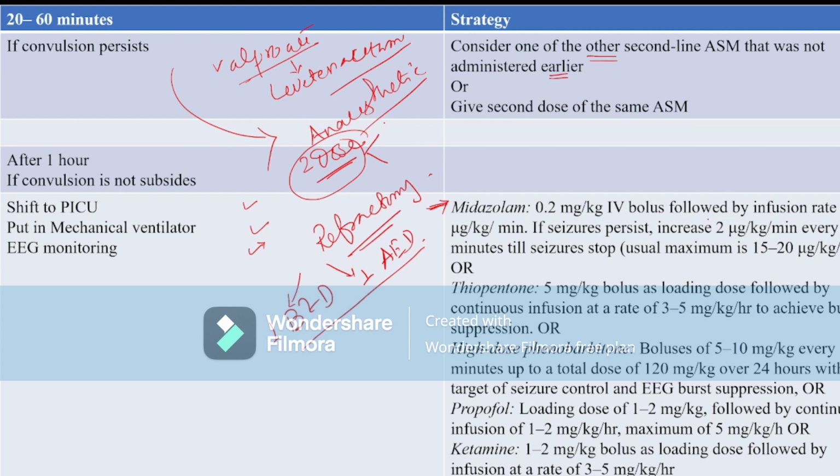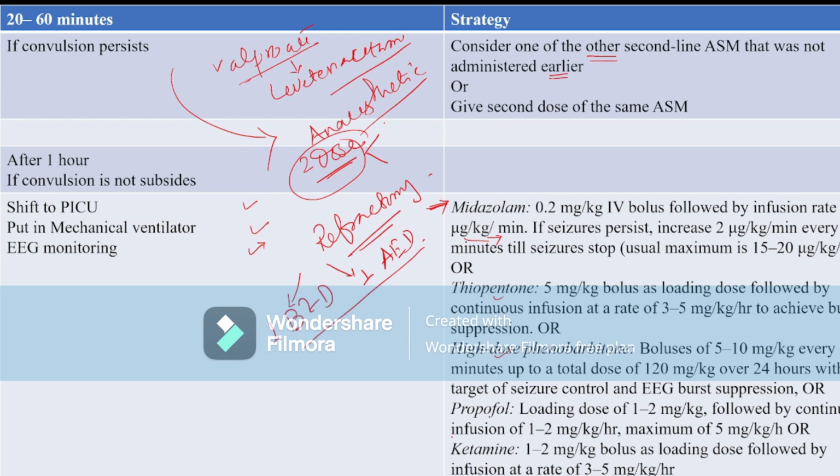The infusion rate is 4 microgram per kg per minute, given in an increasing manner if the seizure has not subsided. We can give thiopental, or phenobarbital, propofol, ketamine or topiramate.